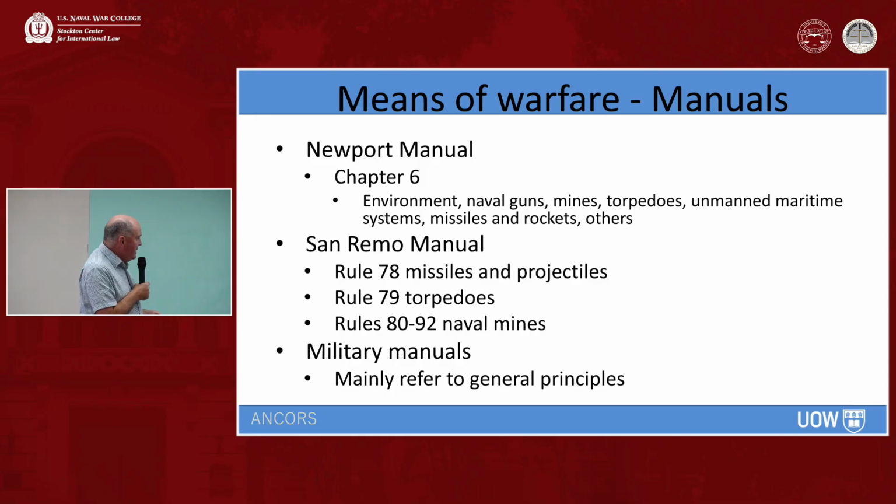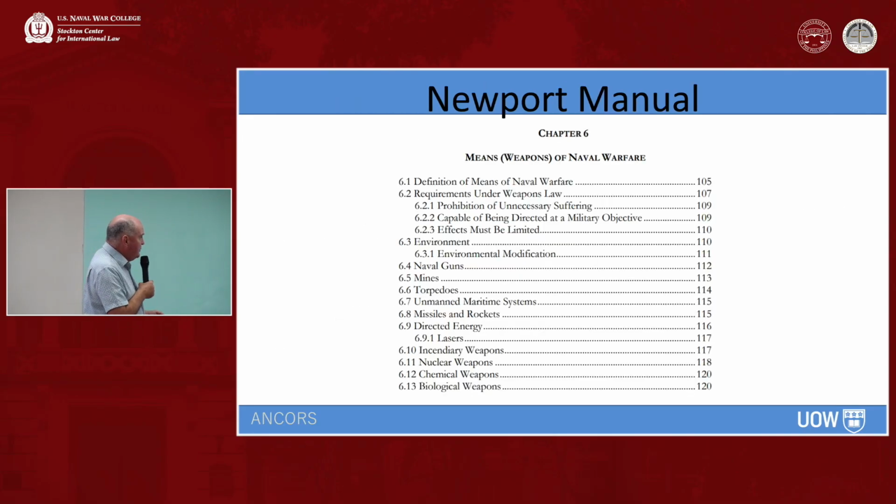Our approach in the Newport Manual was a little bit different. And this is different to what you have in the book in front of you, because this is the second edition. This is what we covered as part of the update to the Newport Manual in introducing or recognising some new weapons that we'd not included in the first edition.